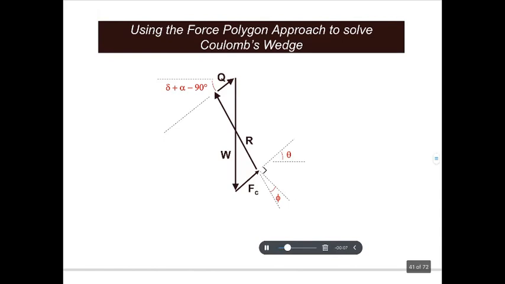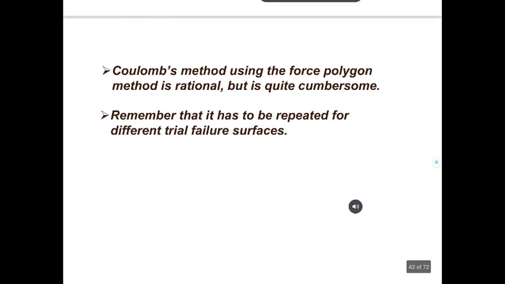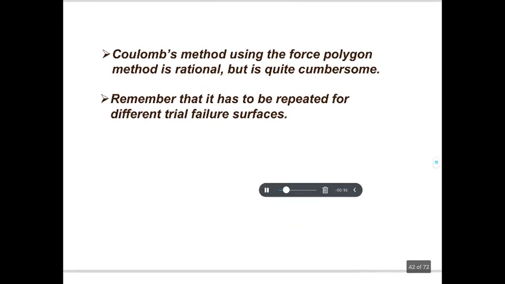So Coulomb used this force polygon to solve the problem. However, it looks quite complicated. The solution for this force polygon is rational, but quite cumbersome, and it has to be repeated for different trial failure surfaces.